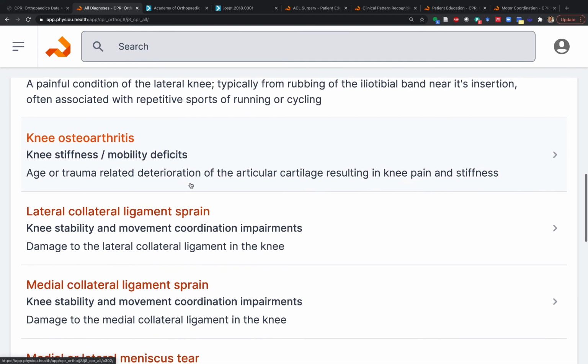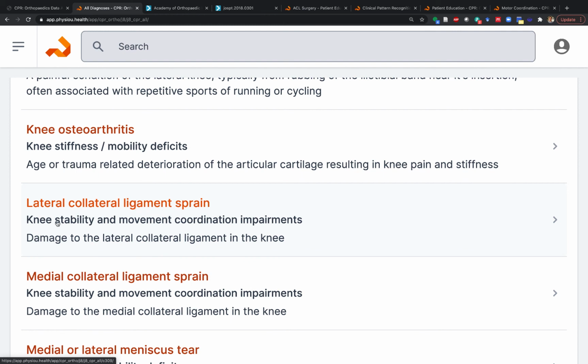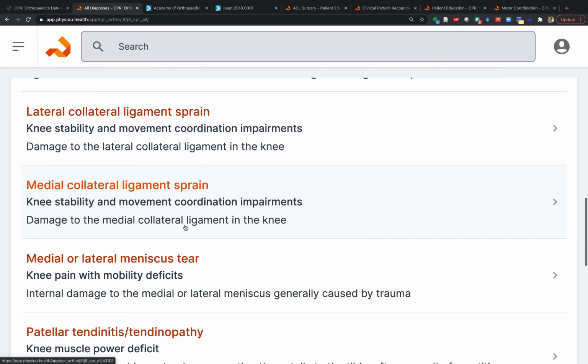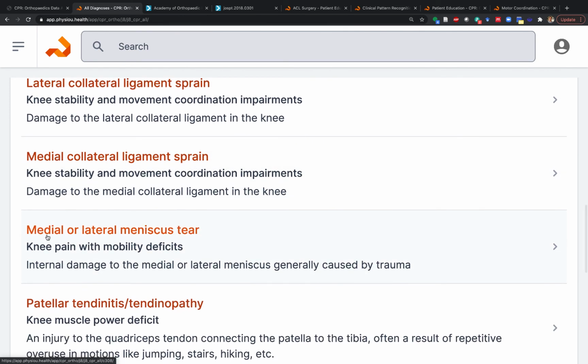Here are my ligament injuries. They're all from the same category because the impairments are generally the same, which is why you saw a pattern of the management being very similar. It's just minor changes in the testing. And then here is your medial or lateral meniscal tear, knee pain with mobility deficits.